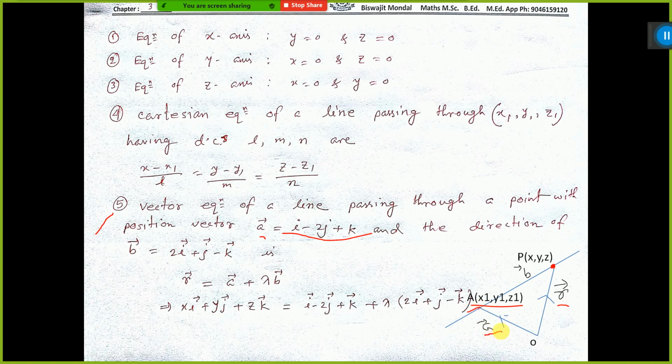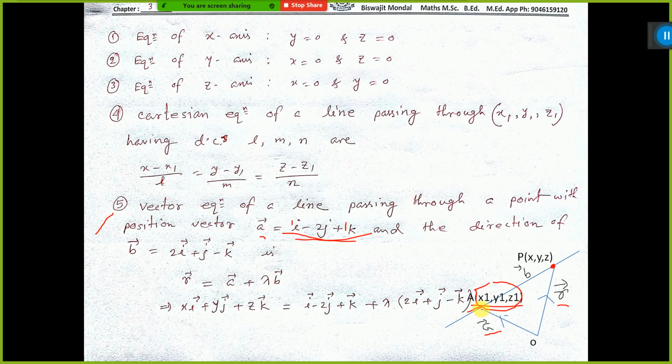So a will be x1 i plus y1 j plus z1 k. But here a particular point I have considered, that is 1, minus 2, 1, so the position vector will be 1i minus 2j plus 1k.